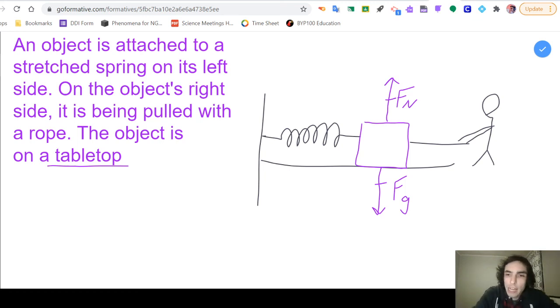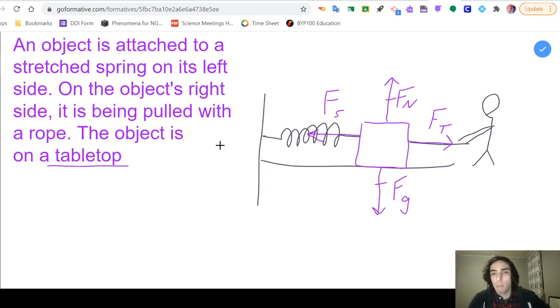The other forces acting on this are a tension force pulling this object to the right, and the spring force pulling this object to the left. So I'll label both of those forces. Again, this is a tension force because a person has a rope and is pulling it that way, and this one is spring force because there's a spring there.